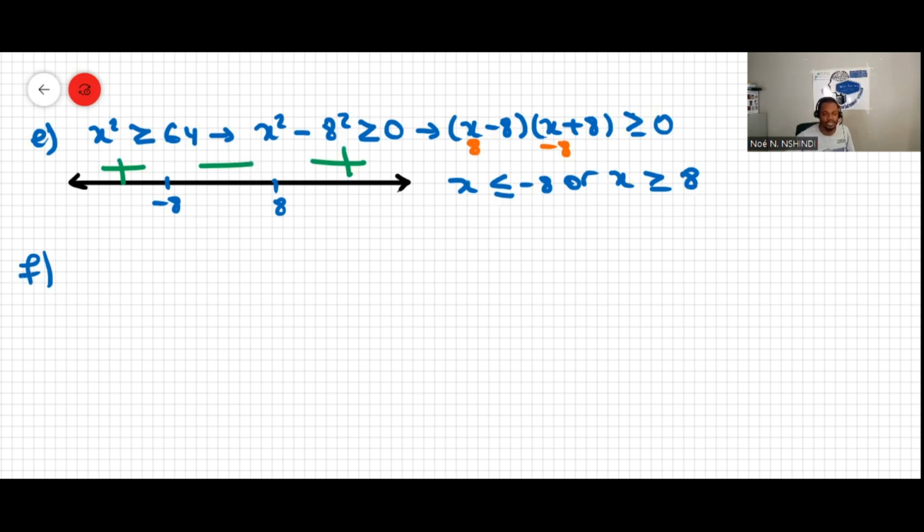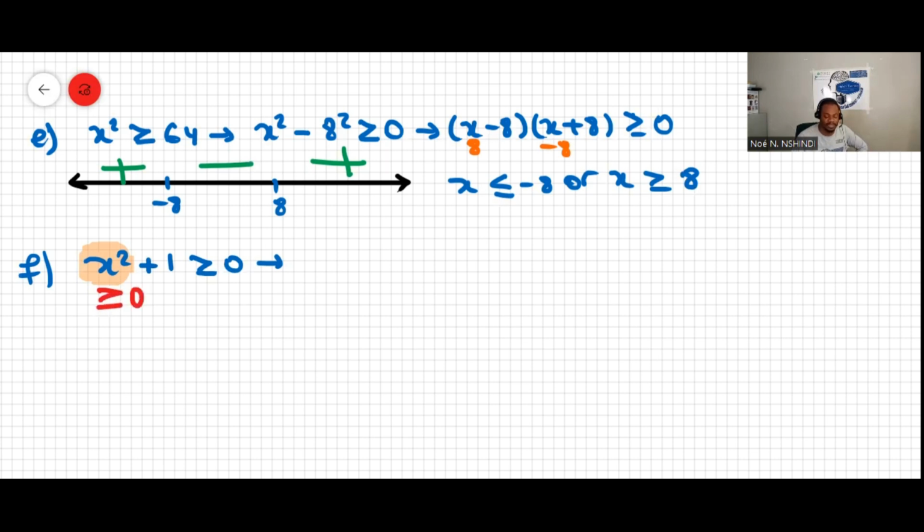And then question F says that x squared plus 1 is greater or equal to 0. This means, you know that x squared is always a square number. It's always positive or 0. It is greater or equal to 0.